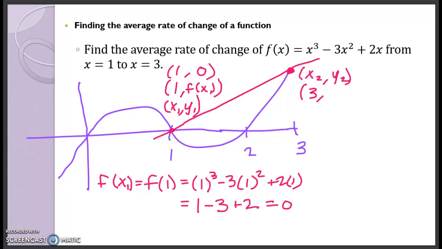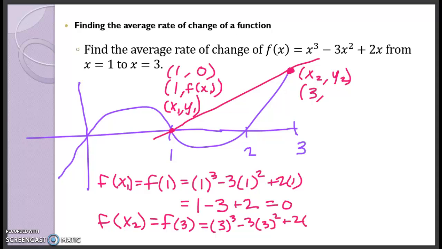What about this one? Well, let's plug in that second x value, and we get f of 3. So that's going to be 3 cubed minus 3 times 3 squared plus 2 times 3.